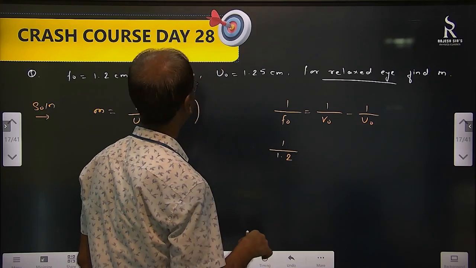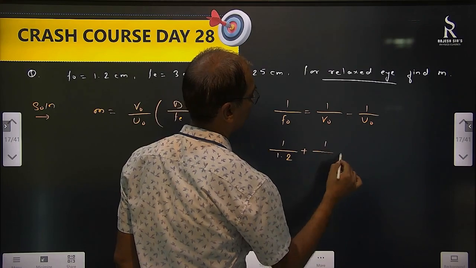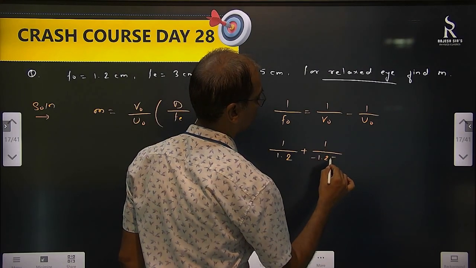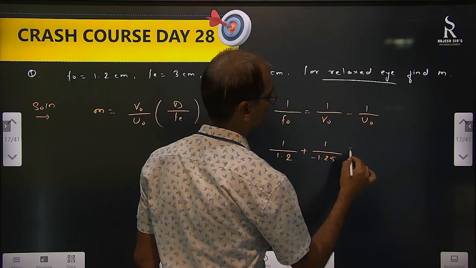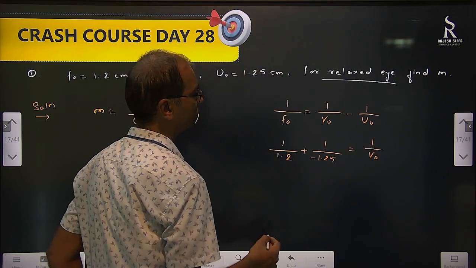This is 1 by 1.2 plus 1 by minus 1.25. We are using sign convention. Equal to 1 by V naught. So 1.2 and 1.25 are here.